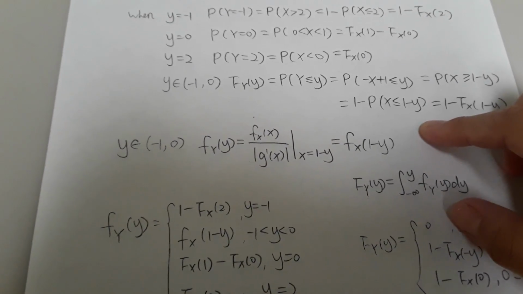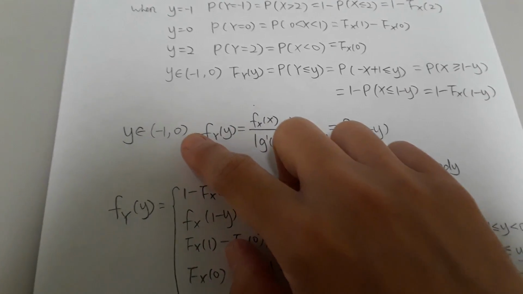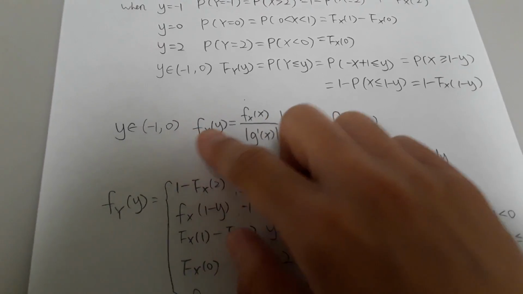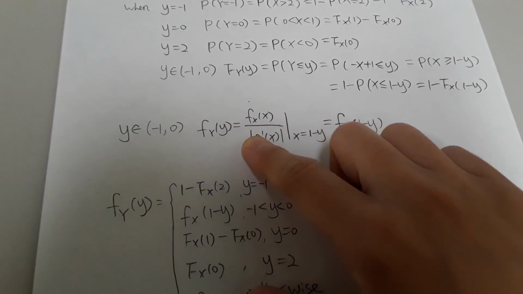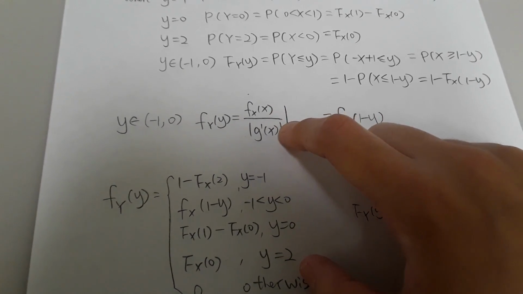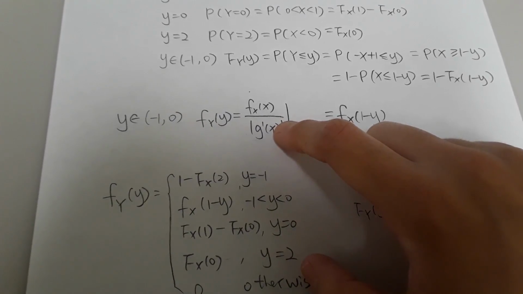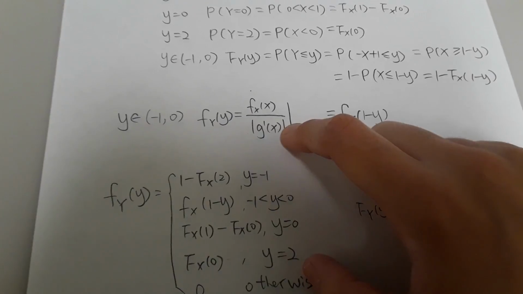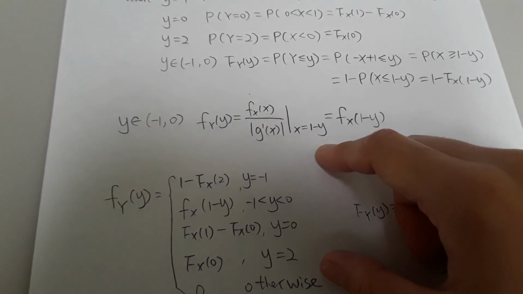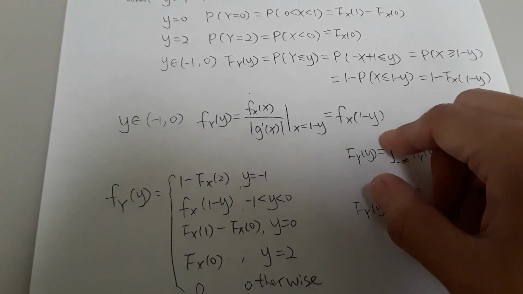And then if y is ranging from minus 1 to 0, the density function f_Y(y) equals f_X(x) divided by the absolute value of the derivative of g of x at x equals 1 minus y, which equals f_X(1 minus y).